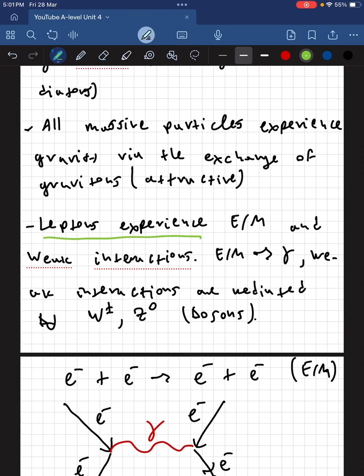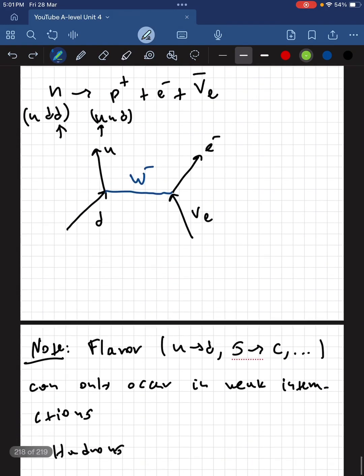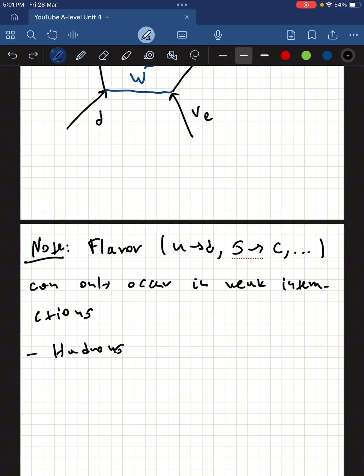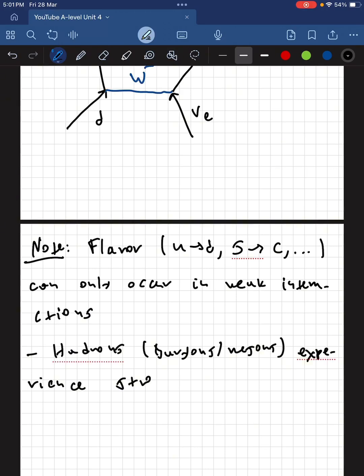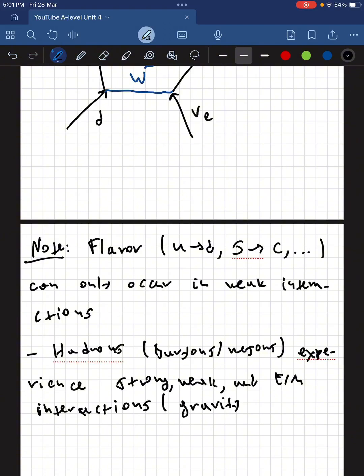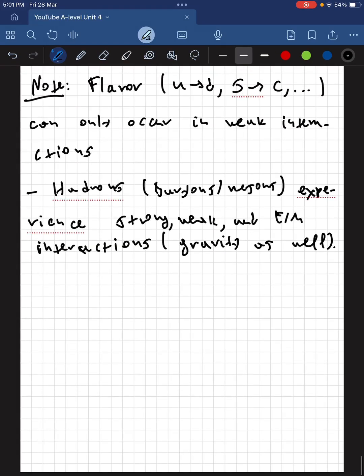Then we said that leptons experience electromagnetic and weak interactions, and now hadrons, which are baryons and mesons, experience strong, weak and EM interactions. Okay, and of course gravity, since they are massive. Okay, so hadrons participate in everything.